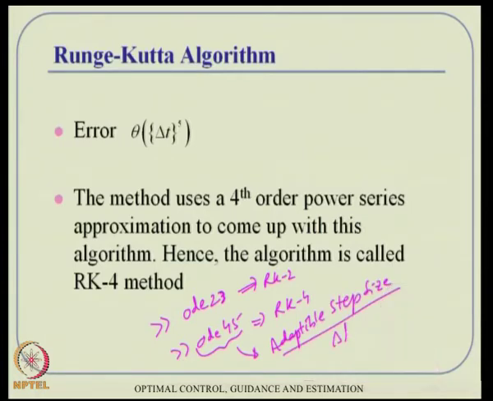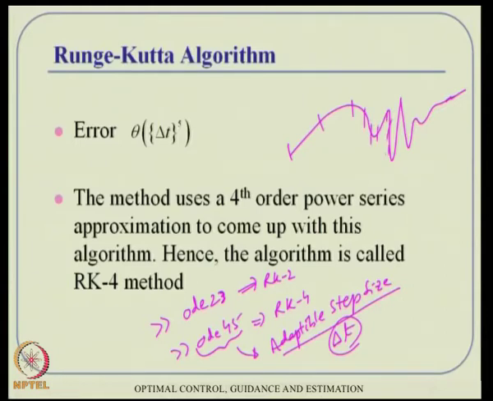That means the delta t that you are using does not necessarily remain constant, and it is adapted. Suppose you have a function something like this. Here the slopes are not changing that fast, but in this segment it is changing rapidly.